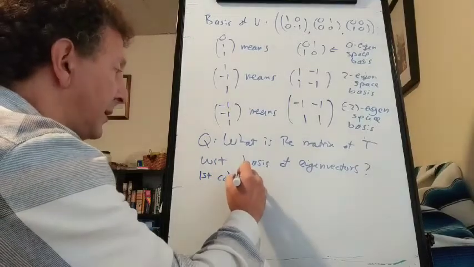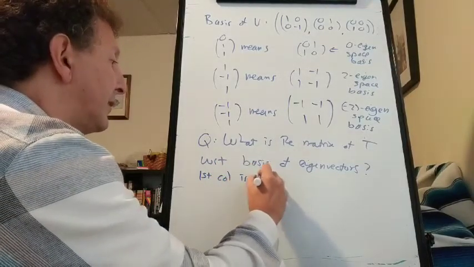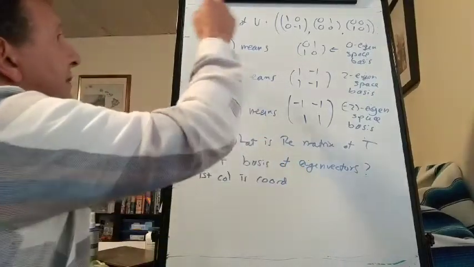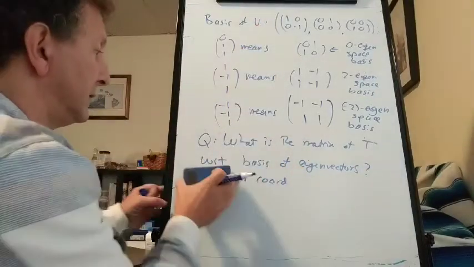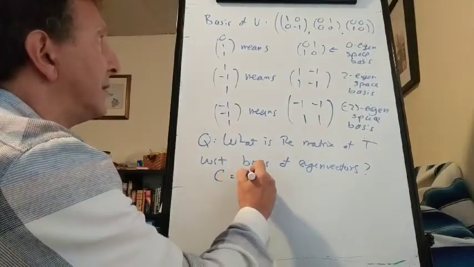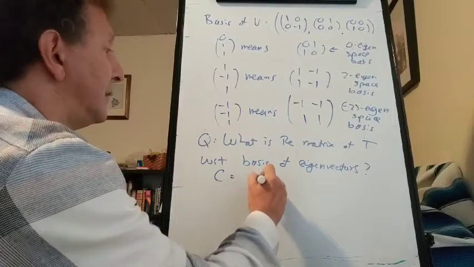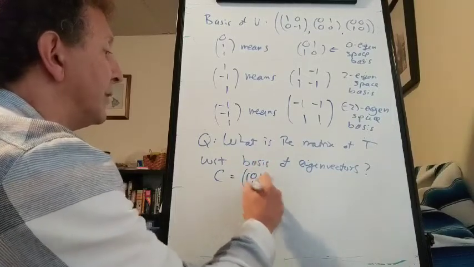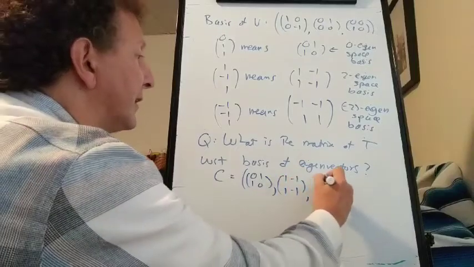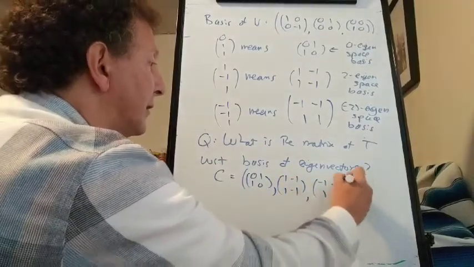Let's call this basis C. So 0, 1, 1, 0; 1, negative 1, 1, negative 1; and negative 1, negative 1, 1, 1.